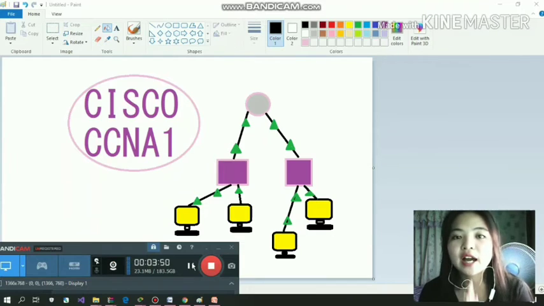Also, when we are configuring the router, we have to add the interface.